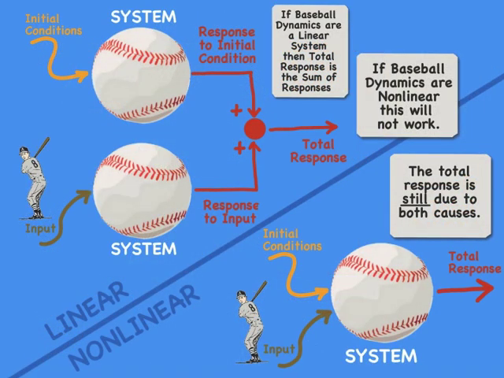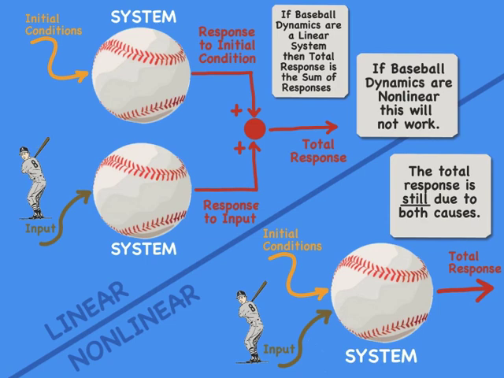If the baseball system is not linear, then this cannot be done. The response of the system to the initial conditions established by the pitcher and the force input by the batter won't be the simple sum of the response to the pitcher's initial condition and the response to the batter's input.